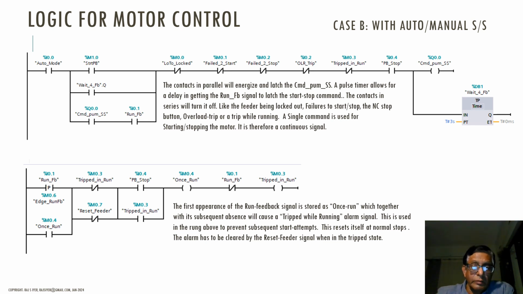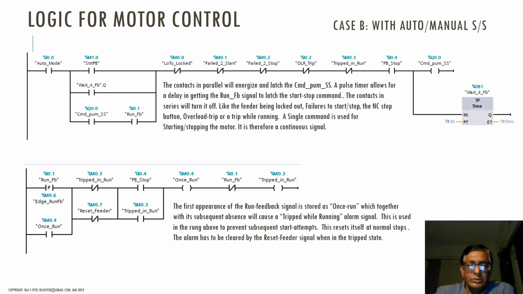See, if you want a mere run feedback, even 20 milliseconds or 50 milliseconds is sufficient for the contactor's run feedback to come. Of course, larger contactors require a little more time, but still in the millisecond range, 100 milliseconds and all. Nobody does it like that.